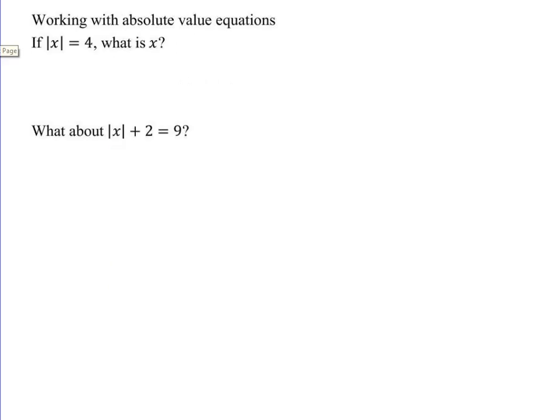So, when you're working with absolute value equations, first of all, these bars right here, what do those bars mean? Absolute value. And absolute value is your distance away from what? How far you are away from 0.